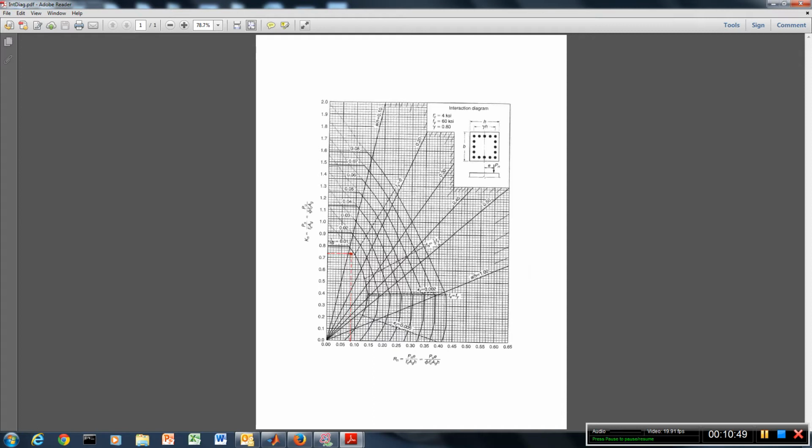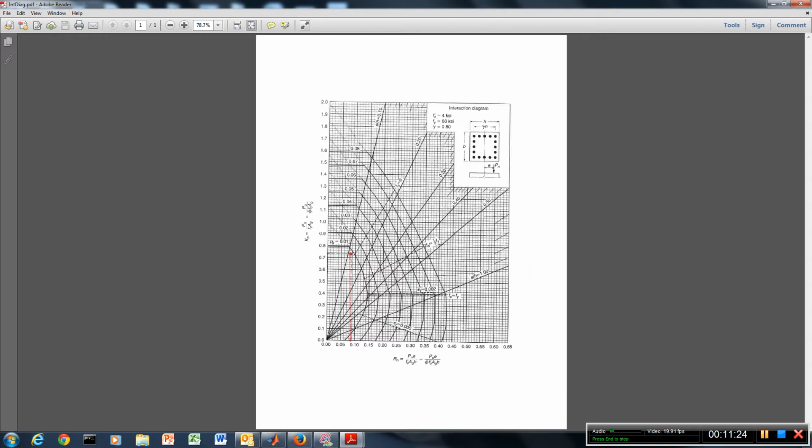Now, rho G equal to 0.01 is the smallest value of steel ratio that we can use for a reinforced concrete column. And so since this red mark is right below that, we will use this minimum value, since we have to use the minimum value anyway. If the red mark had landed somewhere else, we would try to interpolate with our eye what that rho G value would be.